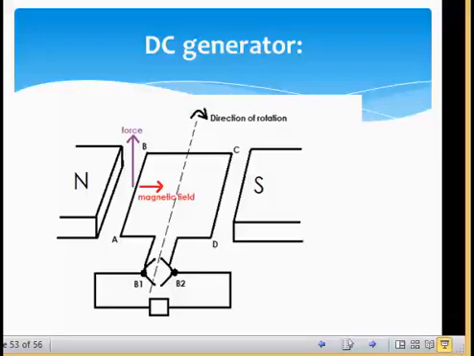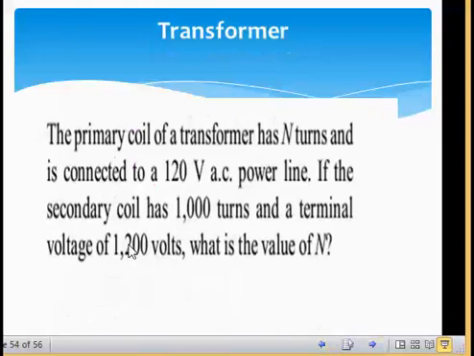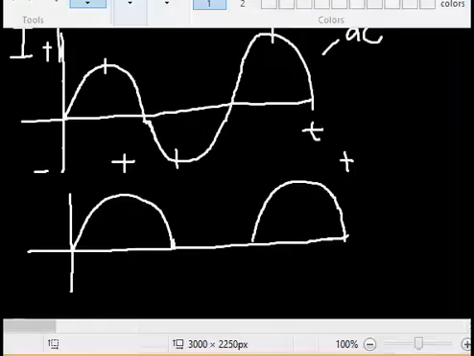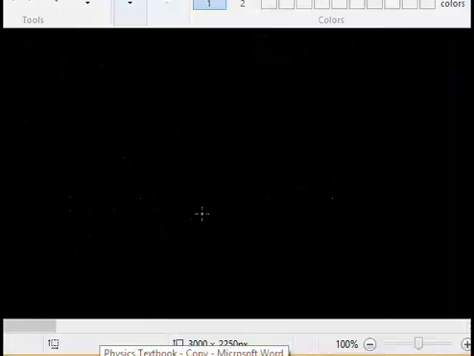Now we proceed. We're going to talk about the next device, which of course is a transformer. A transformer is another device that applies electromagnetic induction. What's a transformer?